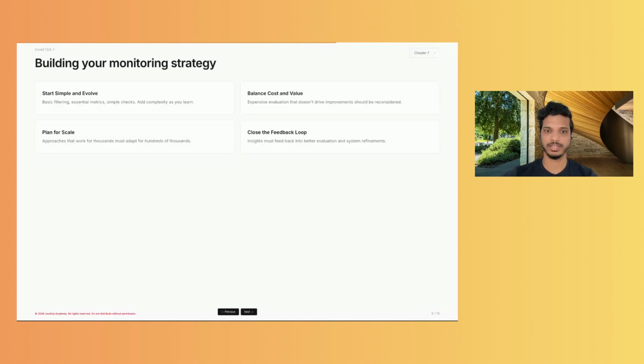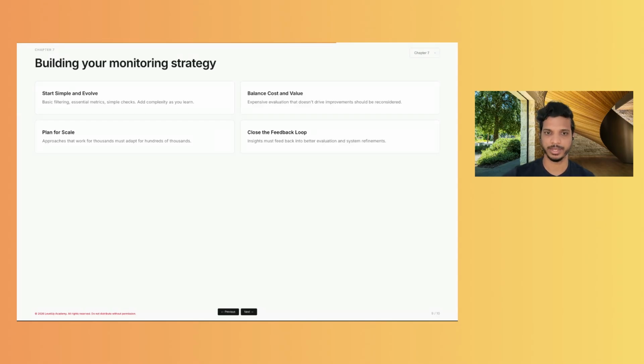So at a high level, building your monitoring strategy can be thought of in four different ways. One is to always start simple and then evolve as you see more use cases. Do not come up with an extensive set of complex LLM judge metrics, even though you can afford the cost. You really need to validate that having these metrics in place is going to help you actually catch issues.